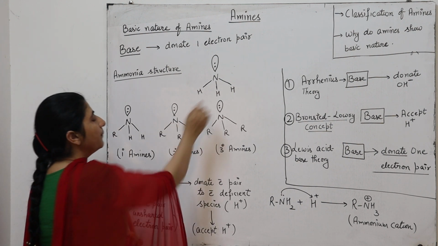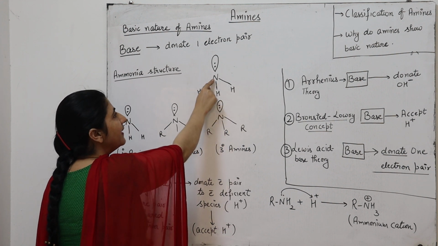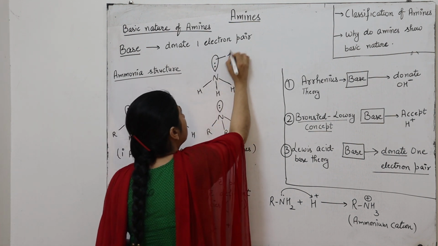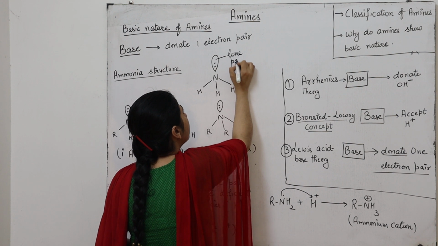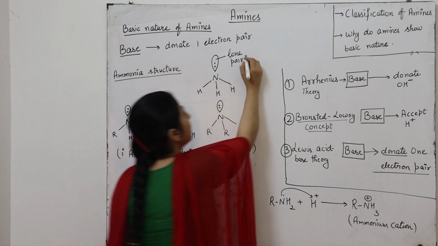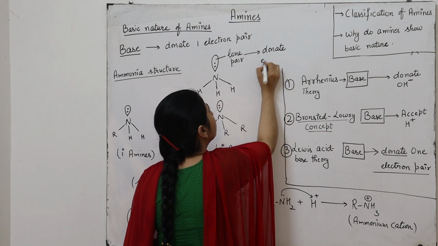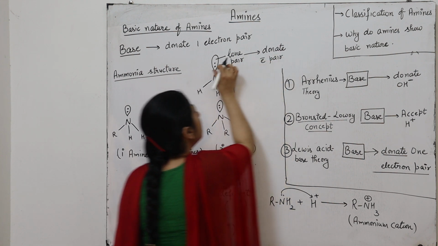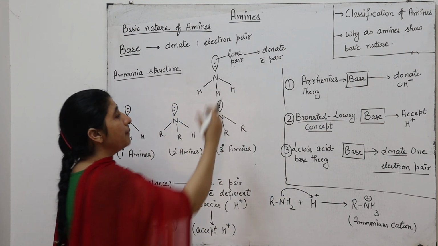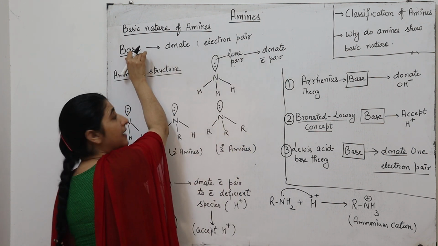In ammonia, the nitrogen is bonded to 3 hydrogen atoms through sigma bonds, and nitrogen has 1 lone pair, an unshared electron pair. Due to the presence of a lone pair, ammonia has a tendency to donate an electron pair, so that is why it acts as a base.